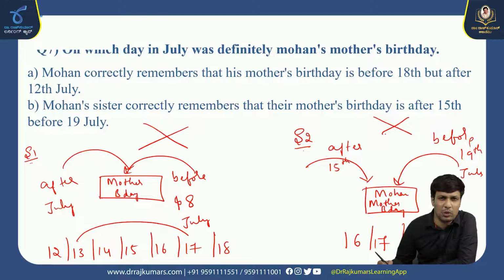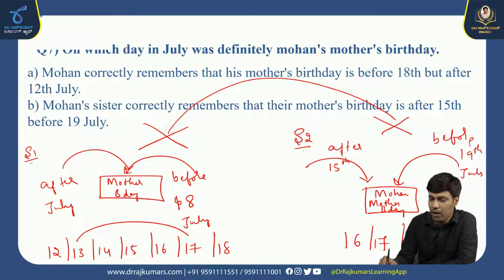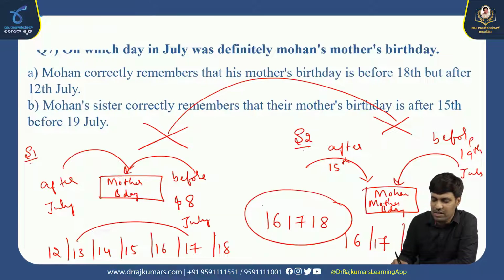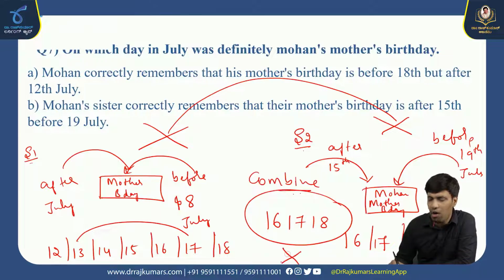So statement 2 also is not sufficient. Whenever both the statements are not sufficient, we need to combine the two statements. We need to combine 1 and 2. On combining 1 and 2 we have in common only 16, 17 and 18. Out of 16, 17 and 18, even on combination we didn't get the definite date of Mohan's mother's birthday.